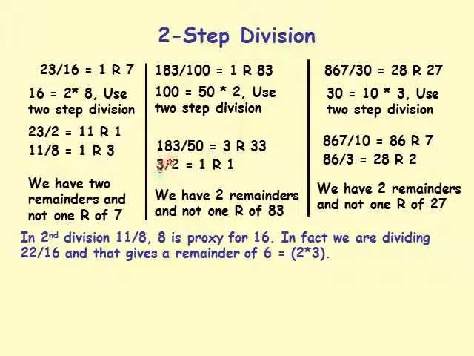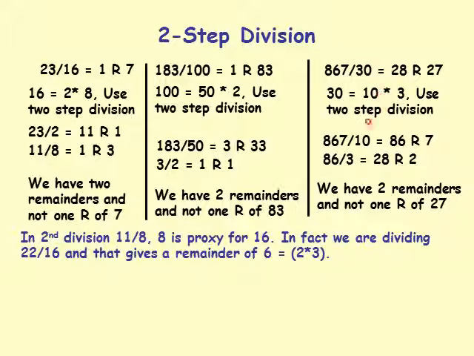So this 2 here is a proxy for division by 100. If we were to make 2 as 100, then 3 becomes 150. That's 150 over 100, which is 1 remainder 50, and 50 plus 33 is 83, what we're looking for.